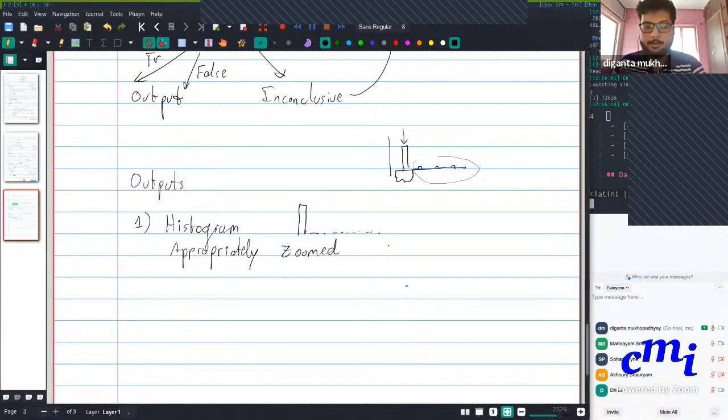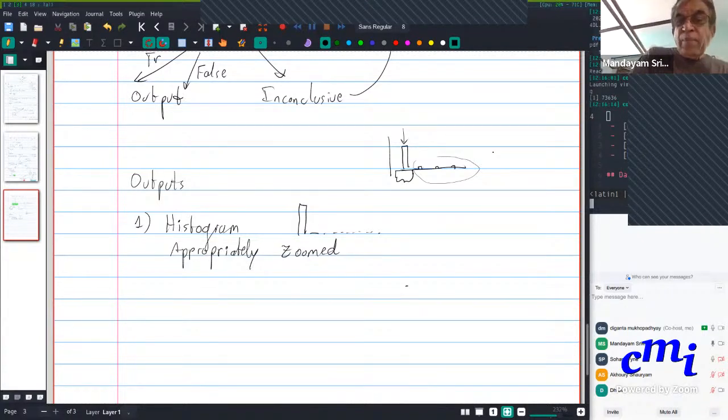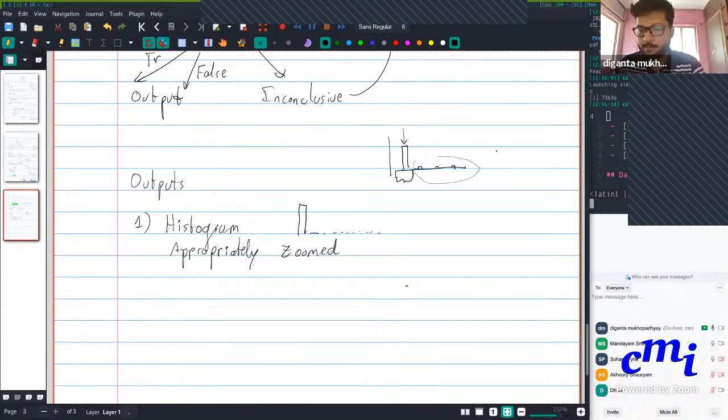That's what I mean by appropriately zoomed; you're refining that sub-interval into even smaller intervals. Is that okay, Soham? Yeah.